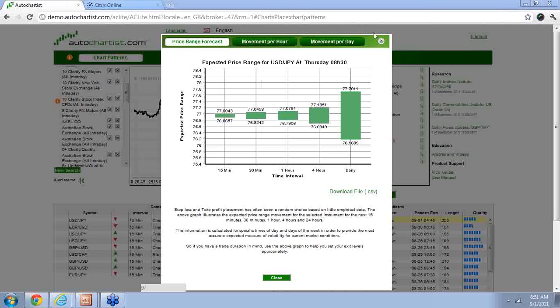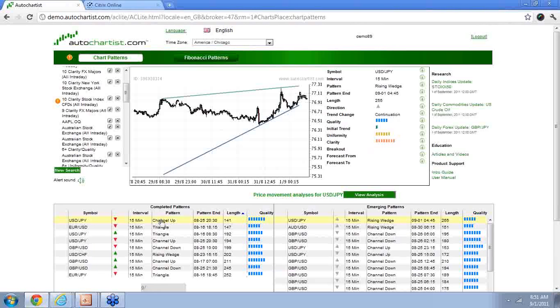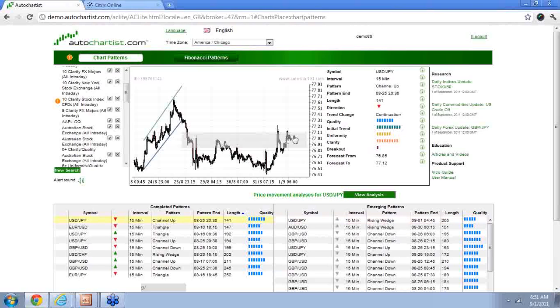And also, when we do get a completed pattern, like for example this breakdown, Auto Chartist gives you this gray area here, and also tells you these prices for this gray area, where the market could go to. It gives you an upper boundary price target. So those are a few of the ways that Auto Chartist can help you set your entry and exit strategies.